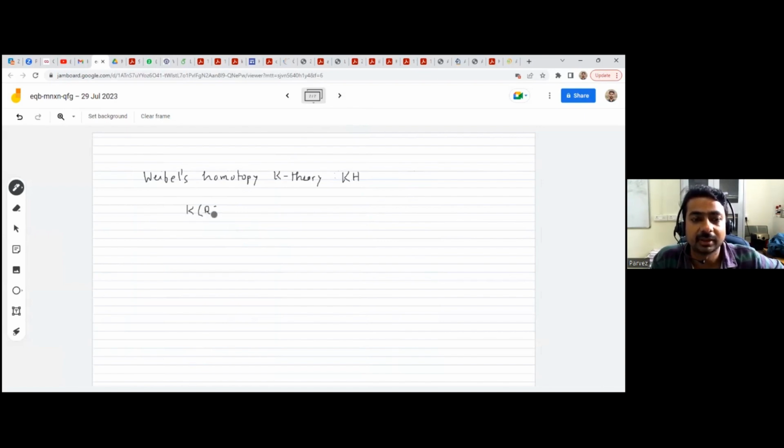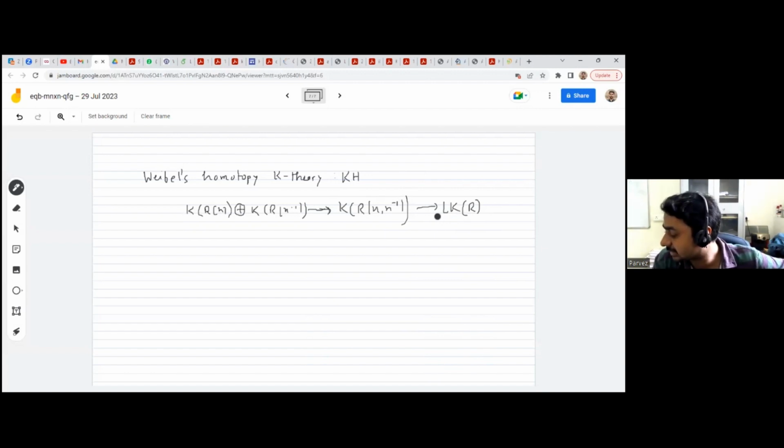For the K spectrum of the ring R, you take the direct sum K of Rx and K of Rx inverse, and then there is a map to K of R x x inverse, and the co-fiber of this map is denoted by LK of R. From there, negative K-theory is defined.